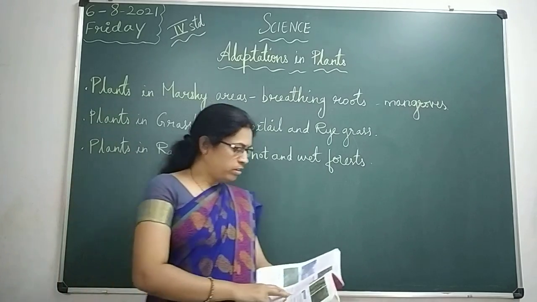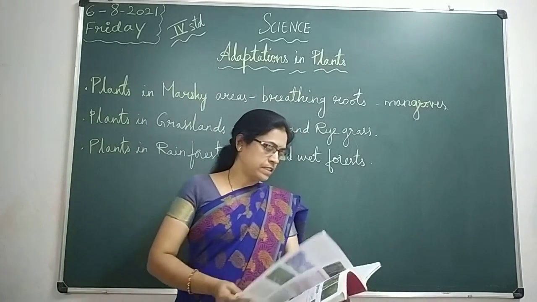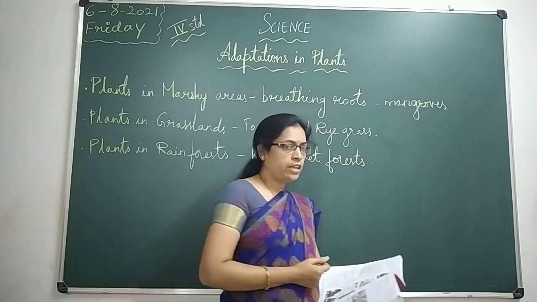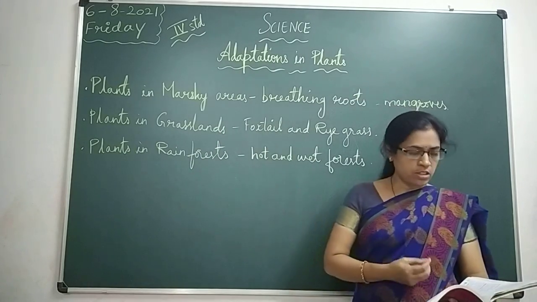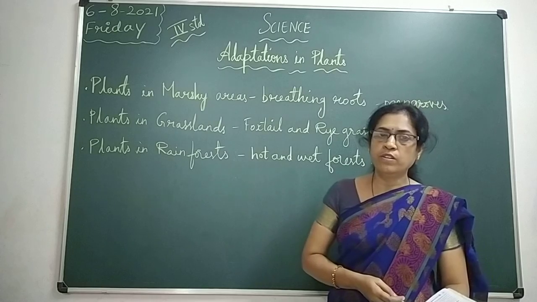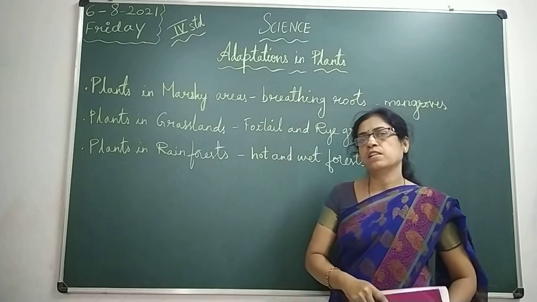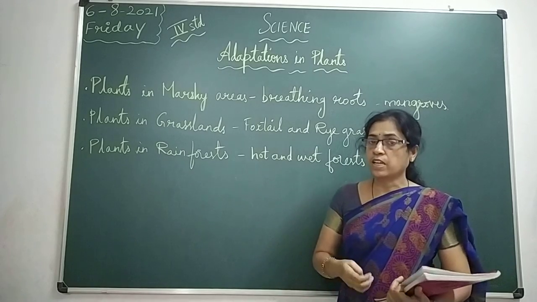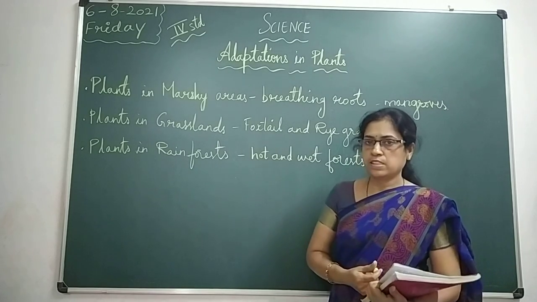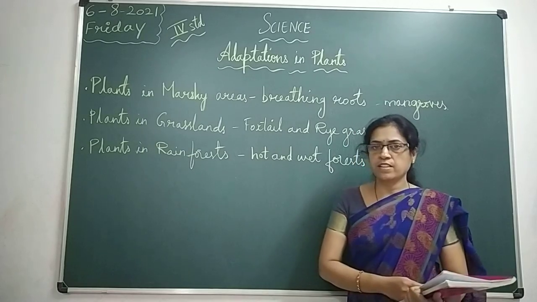Children, all these we have discussed, and how plants develop special features to adjust themselves to the surroundings. I hope you have understood. In the next class, along with pictures, I will show you the water plants, that is aquatic plants, and we will discuss that. Okay. See you in the next class. Thank you.